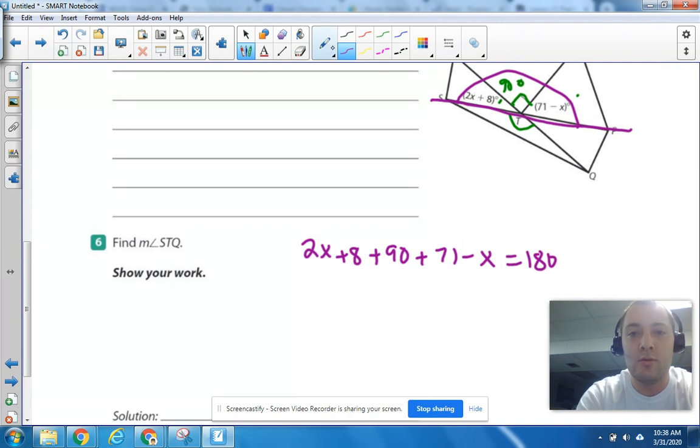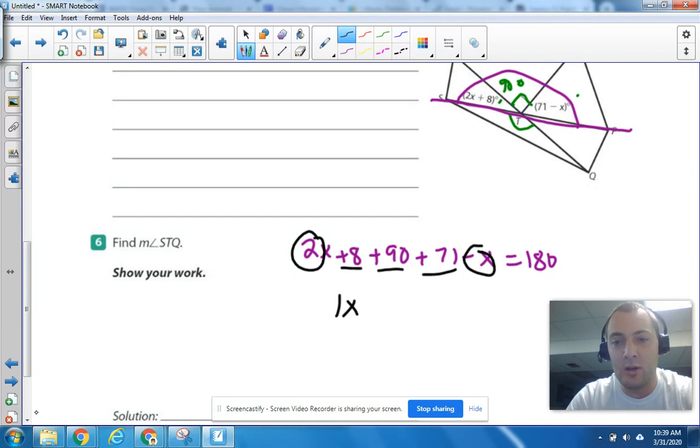All right, so let's take the x's. 2x minus x, so that's just 1x, right? And I've got 8 plus 90 is 98 plus 71. Oh, that's a big number. 98 plus 71 would be 169, I think.